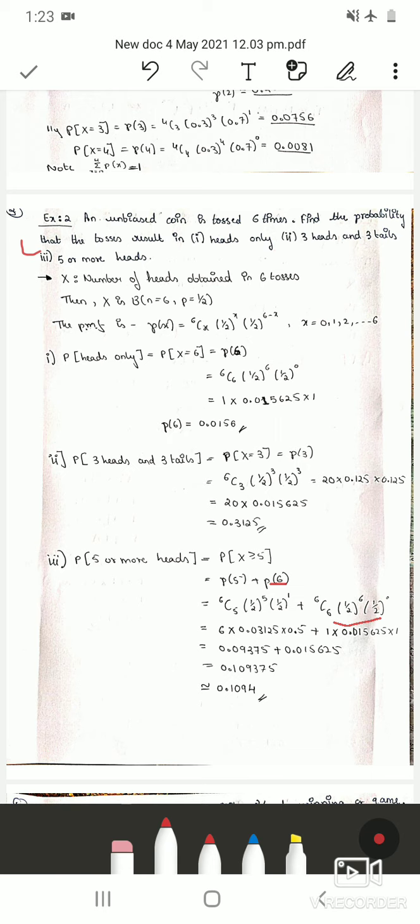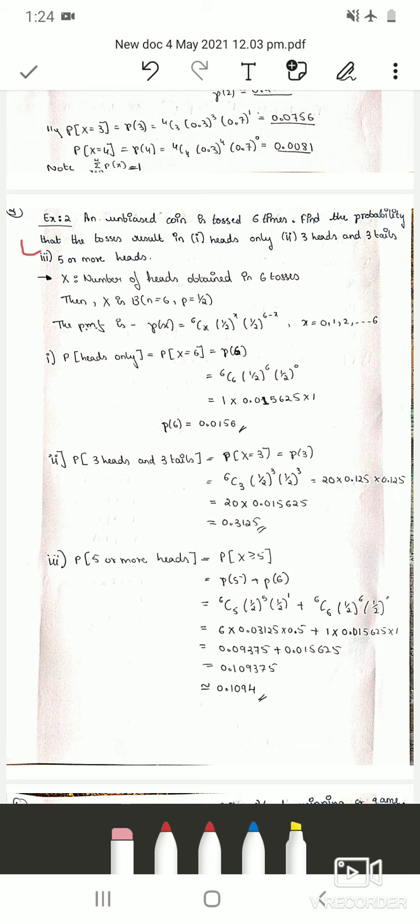So simplify and add. First you solve this term and separately you solve this term, and then you can add both to get the probability of x greater than or equal to 5, which turns out to be 0.1094 approximately.